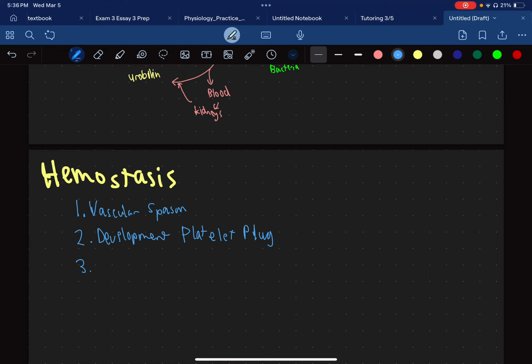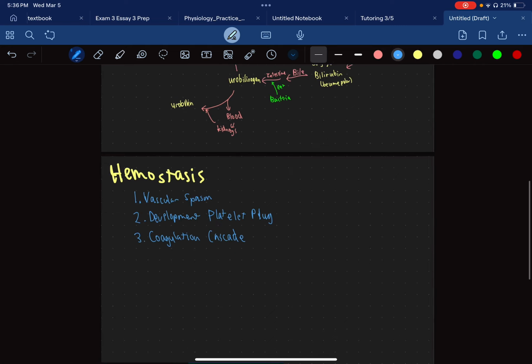And then last, we're going to have the coagulation cascade. I gotta make sure I spell that right. Cascade.